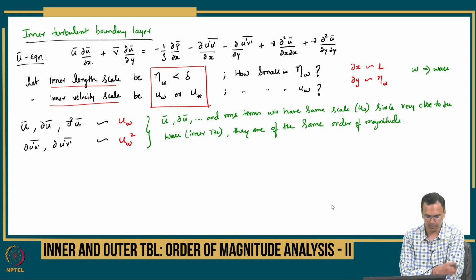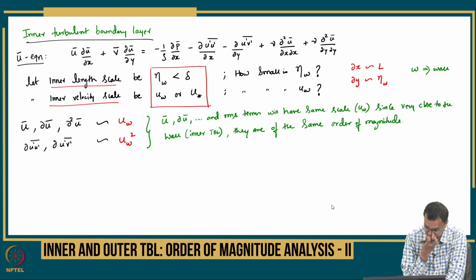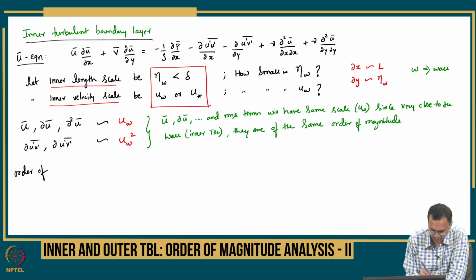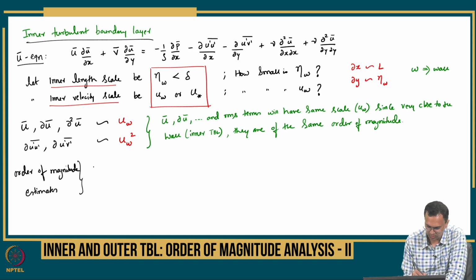If I go back and look at the equation on the top, the u momentum equation, I'll do order of magnitude estimates. For u bar, I'm going to use uw.